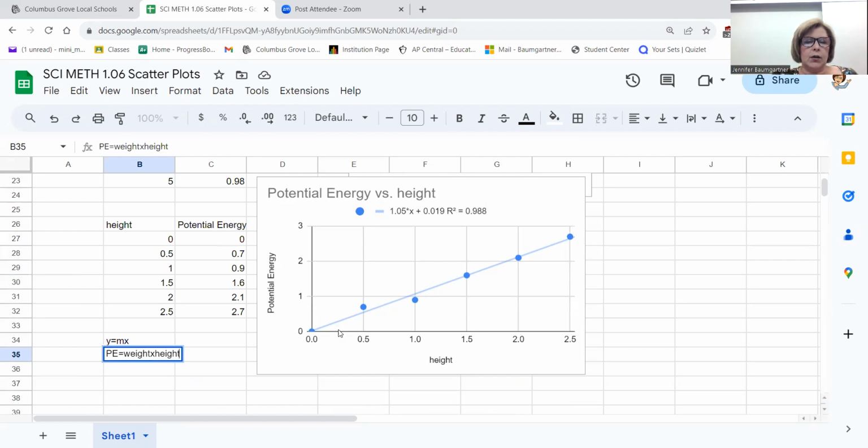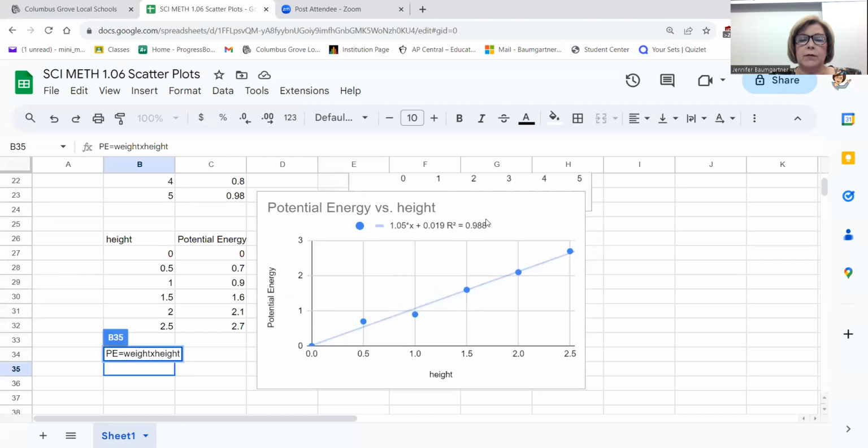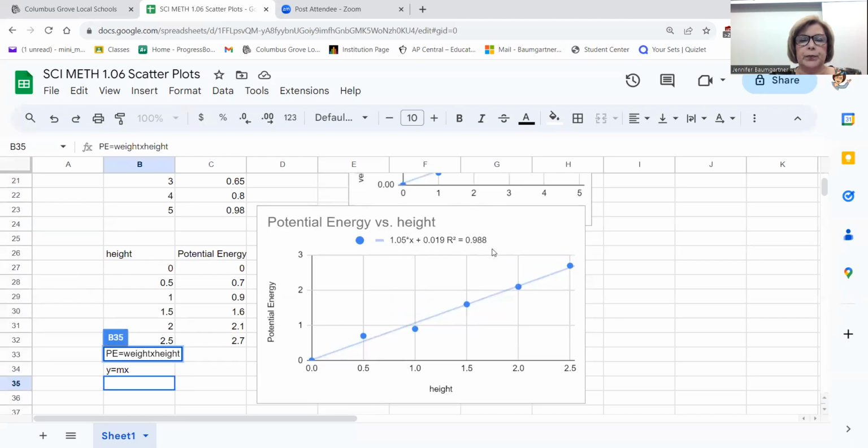So if I have height here and I have potential energy here, what's my slope? This is the weight of the object. Again, this is a little bit oversimplified, but we're showing you that the slope has a meaning. There is a purpose to it. And my correlation coefficient's pretty strong. This is a pretty reliable graph. The relationship is definitely linear.